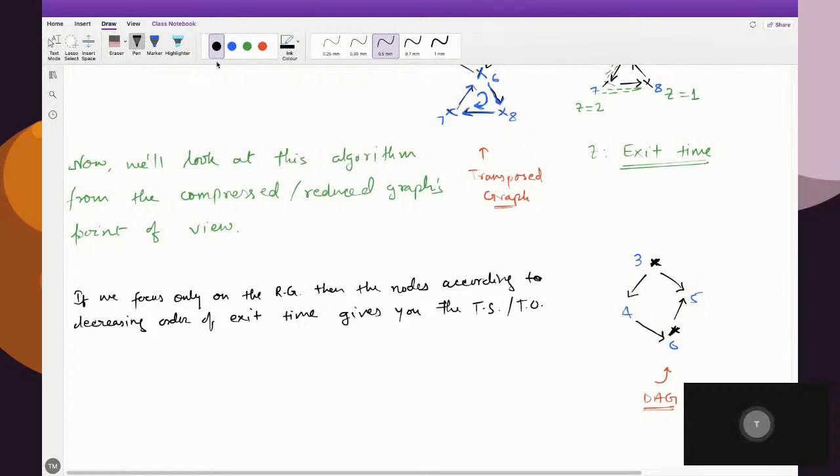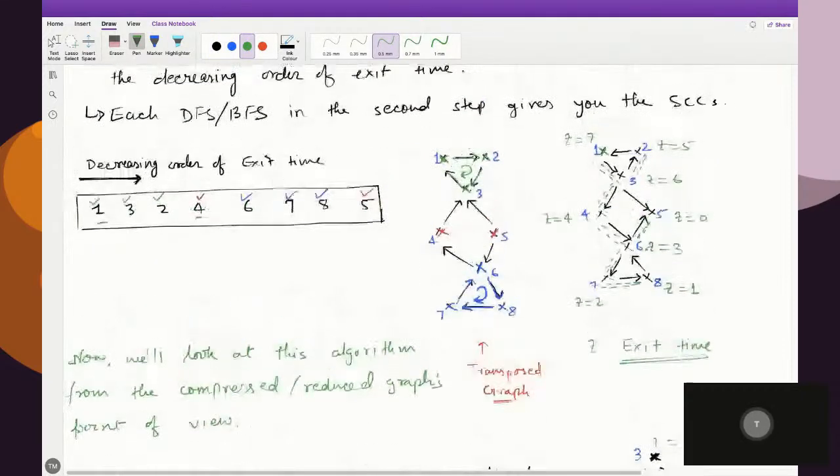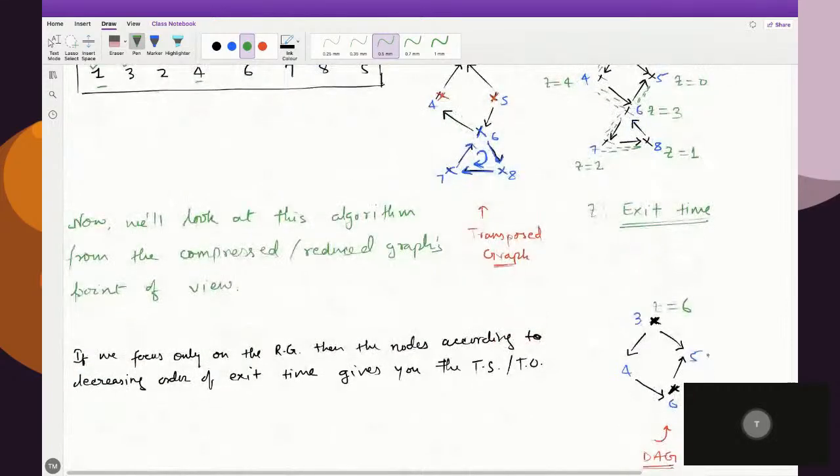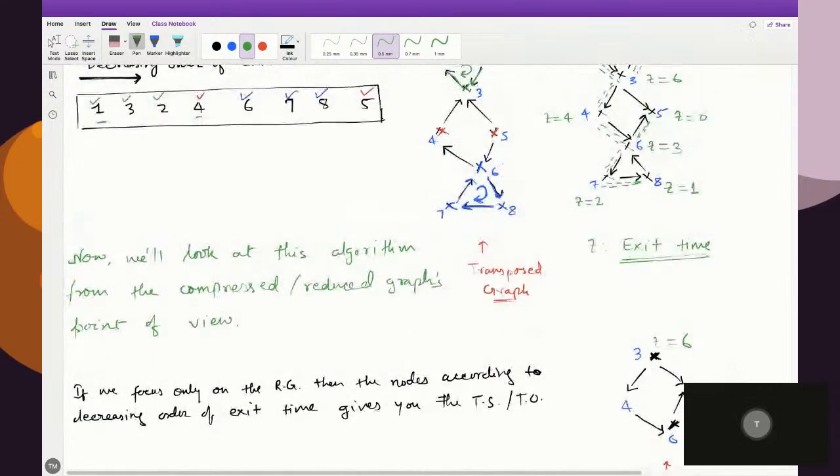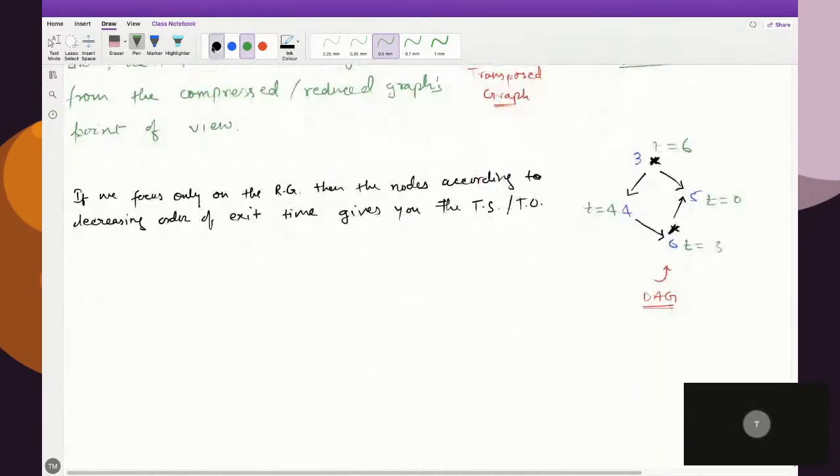So one can also note down the exit time for these particular nodes. For node number 3, exit time was t equal to 6. For node number 5, the exit time was equal to 0. For node number 6, the exit time was equal to 3. And for node number 4, the exit time was equal to 4, right?